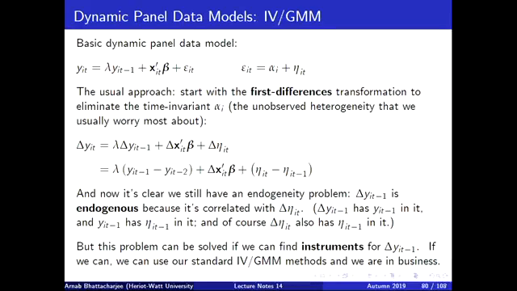But suppose we could find an instrument for this. What can be an instrument? Can yit minus 2 be an instrument? Yit minus 2 is obviously correlated with this term.